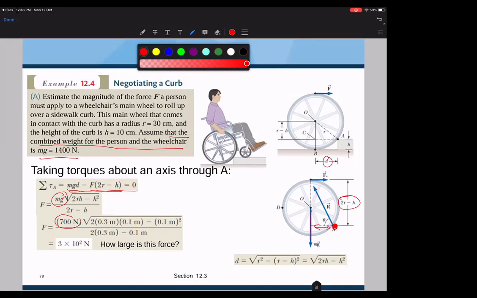Altogether, it would be taking up 1,400 Newton. So that is why it becomes 700. And with that, the calculation would be quite straightforward. The force would become around 300 Newton. So you need to have each arm that holds the force of 300 Newton to go over a curb.